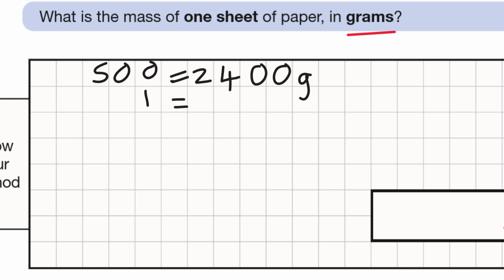So what we need to do is divide, share that 2,400 by that 500, don't we? So we need to do a division. 2,400 divided by 500.